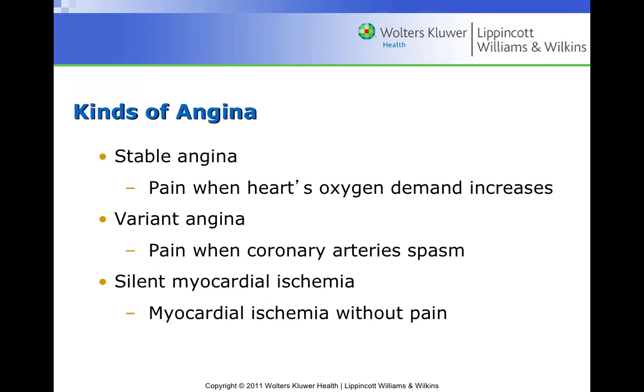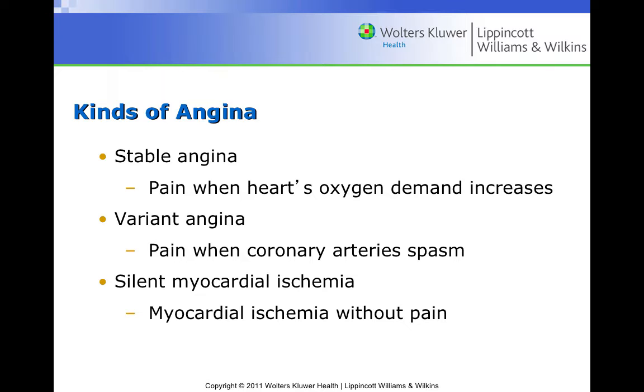The kinds of angina you can have would be stable, and this usually occurs when the heart's oxygen demand increases. So any of those situations that we talked about before, stress, cold, or usually it happens during peak exercise activity or stressors.